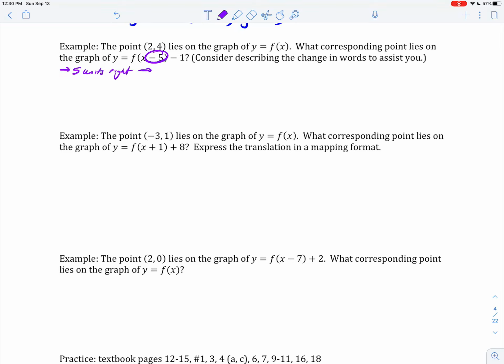Which would then mean that we add 5 to x. And then this says that we moved 1 unit down. So we have to subtract 1 from y.